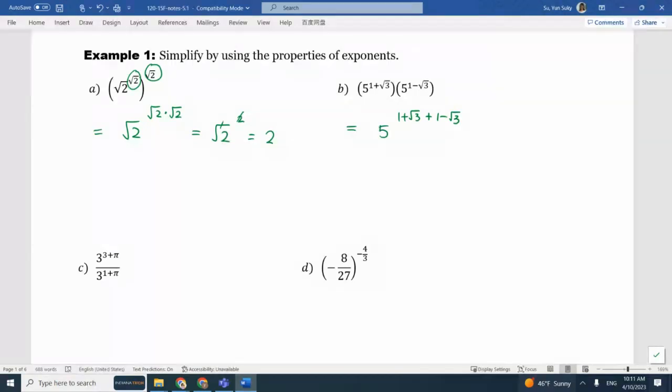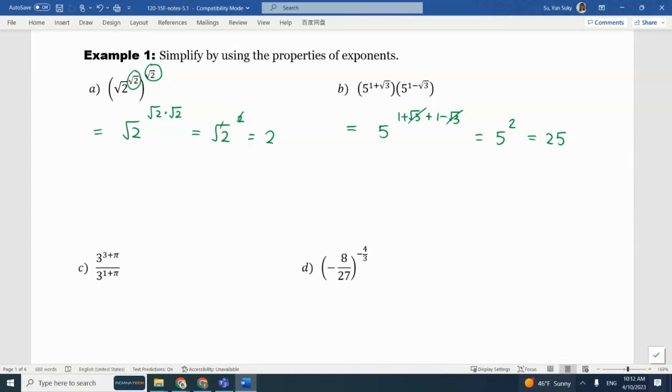We can cancel the root 3. What's the new exponent? Just 5 squared, you see the 1 plus 1. What is 5 squared? 25. So we want to get rid of the exponent. This is what we need, simplify.